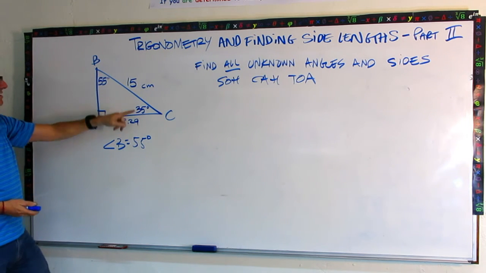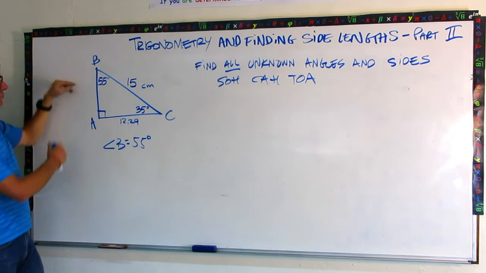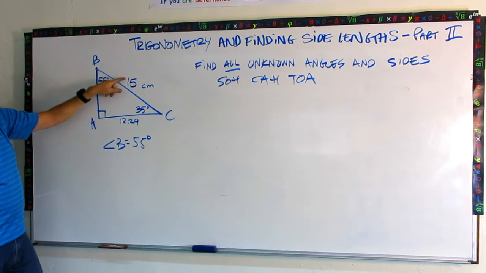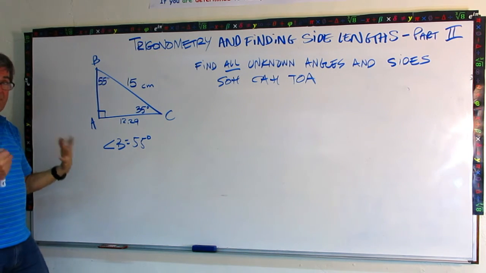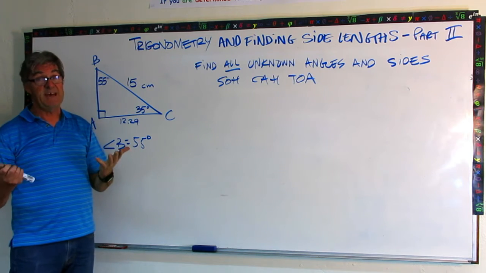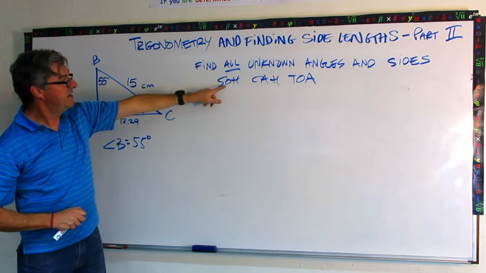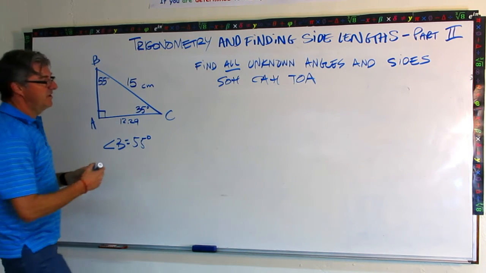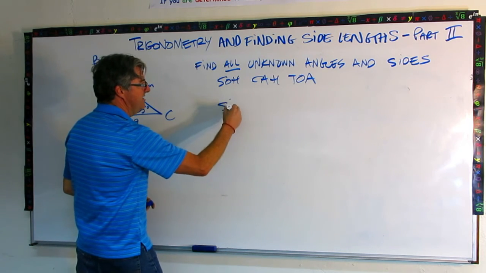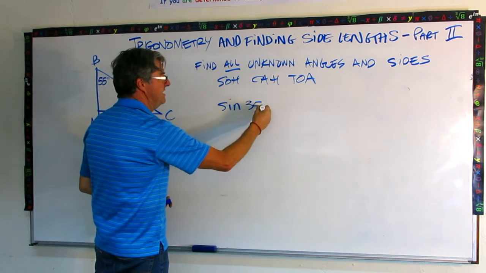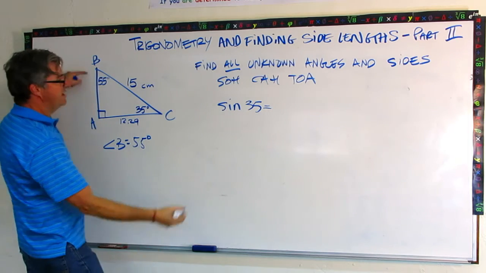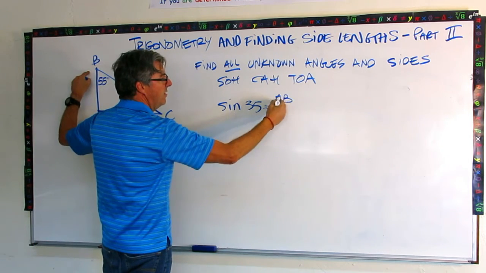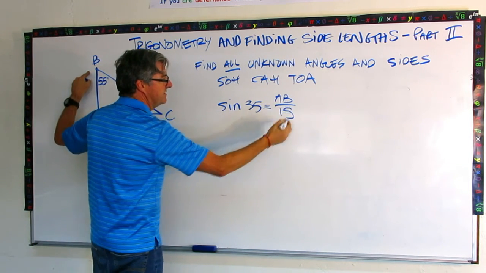So to find AB, we're dealing with opposite and hypotenuse. Which trig function is that? That's sine. Opposite over hypotenuse. So now I can write sine 35 equals opposite, which is AB, over hypotenuse, which is 15.